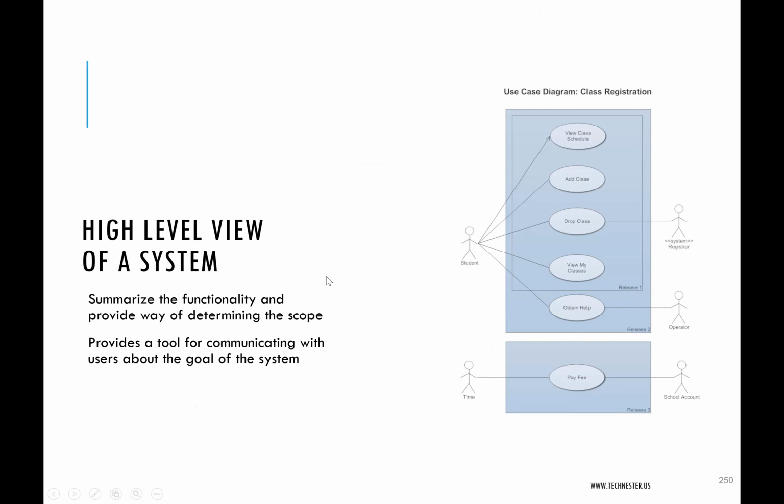But now that we've talked about use case, it makes sense to look at it again and drive these points home. So use case models, including the narrative, provide a high-level view of a system. Essentially, they are summarizing the functionality of the system we want to develop, or even an existing system, in case you want to use them to represent an existing system.